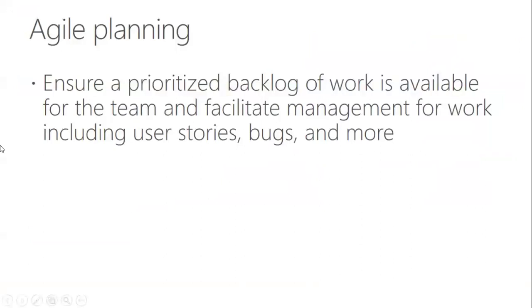Now we are going to discuss agile planning. Agile planning ensures a prioritized backlog of work is available for the team and facilitates management of work, including user stories, bugs, and more. Maybe you will ask what a user story is.